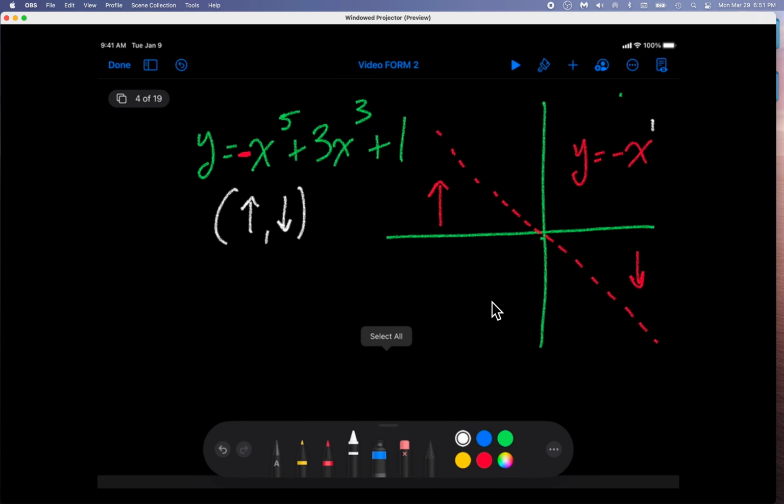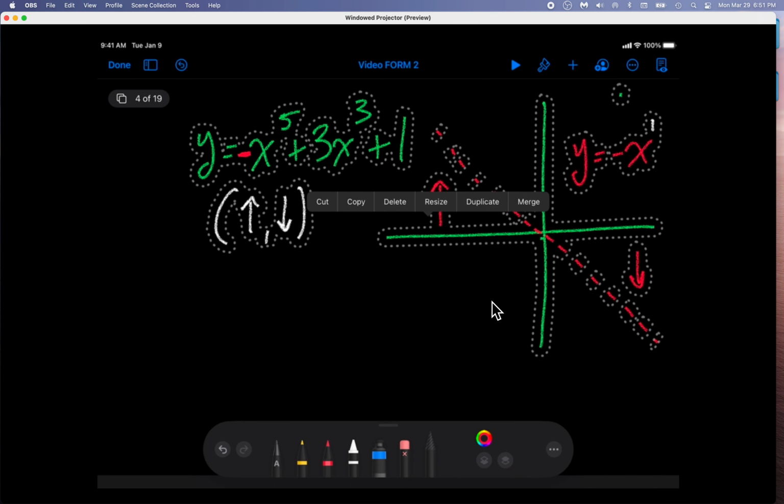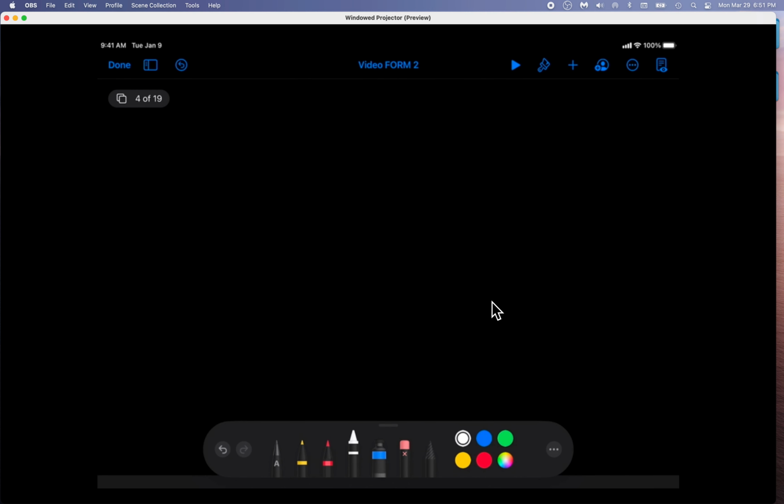Okay, now that you understand end behavior, which is very crucial to graphing polynomials, let's move towards looking at the polynomial in more detail. So let's look at this first one. The intuition on this graph is that because it's a third degree polynomial, it's going to behave like y equals x to the first power.